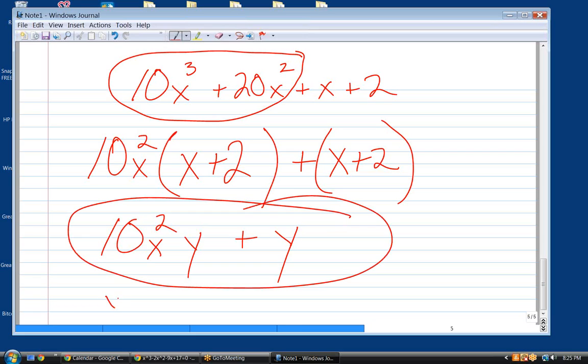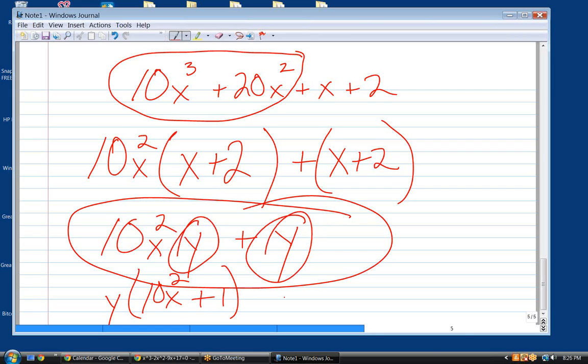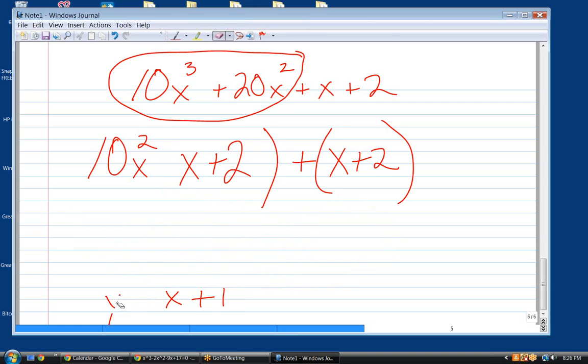No, factor the y out. What's left? 10x squared plus 1. Okay? So, this is what you've been used to doing for the last 3 years in math, is factoring single terms out, but there's nothing that says you can't factor double terms out.